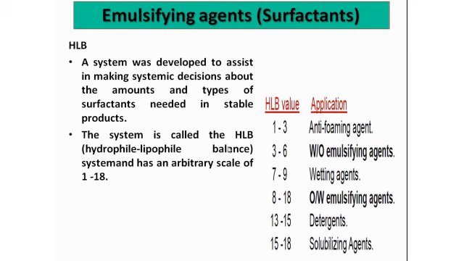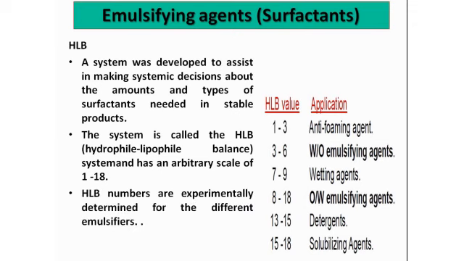This scale is HLB, the hydrophile lipophile balance, or hydrophilic lipophilic balance, whatever you like to say. It starts from 1 up to 18, right? The HLB numbers are experimentally determined for a defined emulsifier, and this emulsifier acts as a surfactant.